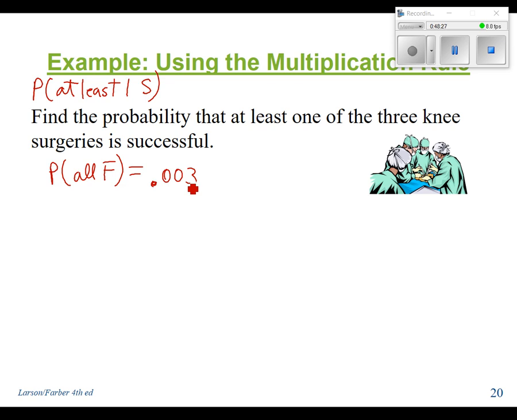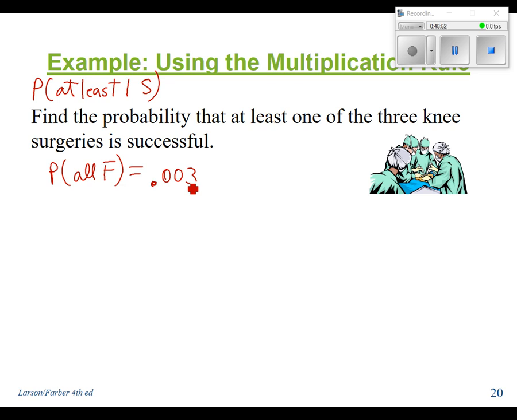If we listed all these, I came out here to the side, we got these things. You could have success, success, success. You could have success, success, fail. You could have success, fail, success, right? Is that all of them? No. Success, fail, fail. So that's all with S in the front.